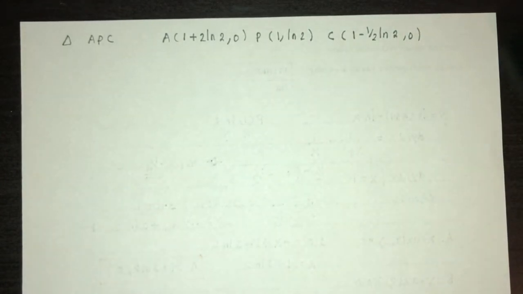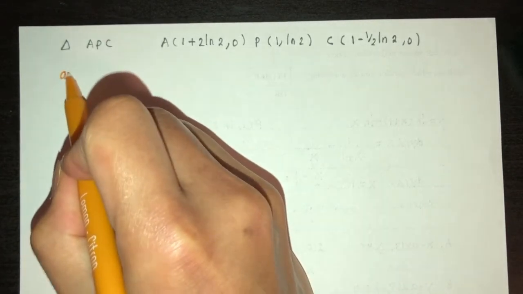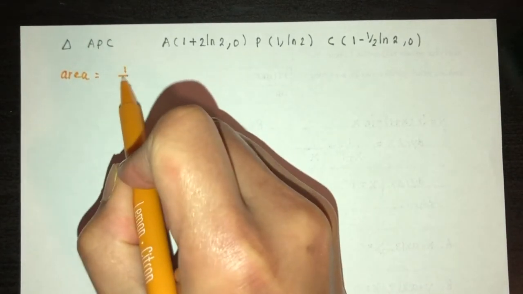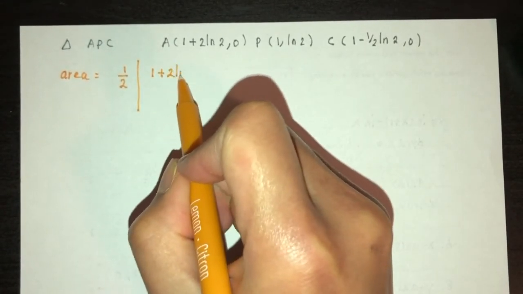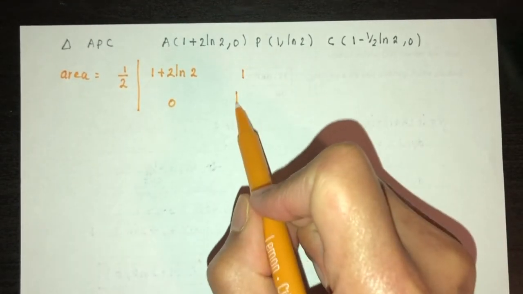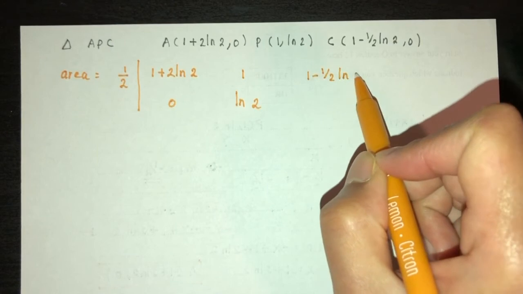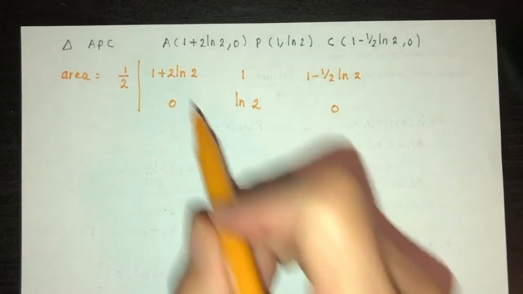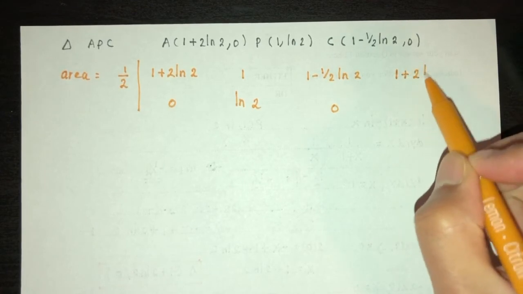So now we can find the area of triangle APC by using your formula. So area will be half modulus, the first point is 1 plus 2 ln 2, 0 will be here. And then we have this one, 1, ln 2. And then 1 minus half ln 2, 0. And then we can finish with the first point. So when you begin with a point, you have to finish with the same point.